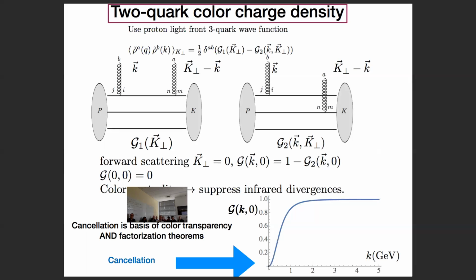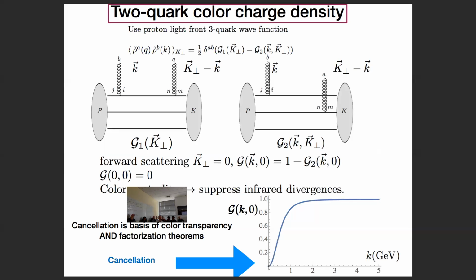So in a model wave function, one can do a numerical calculation and calculate the quantity G as a function of k in GeV, and it really starts out at 0, and then behaves more or less like some kind of slightly different two-body form factor. This also appeared in a paper by Soper and Gunion. This one goes to 0, so you asymptote out to 1 fairly quickly.